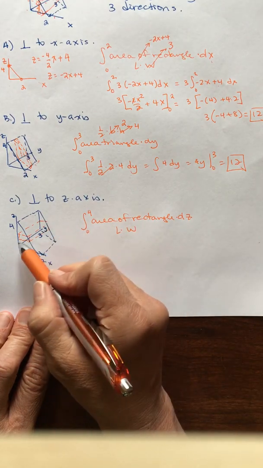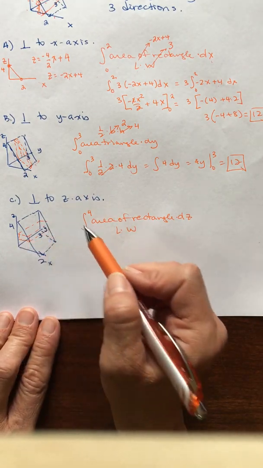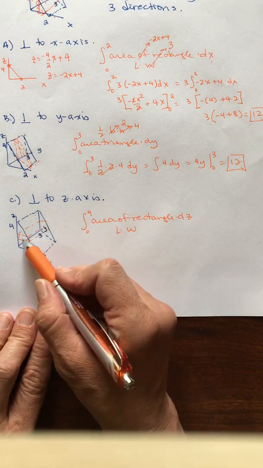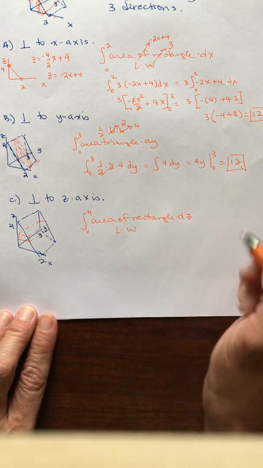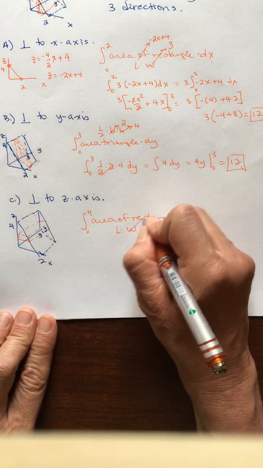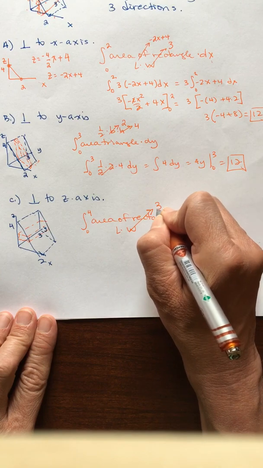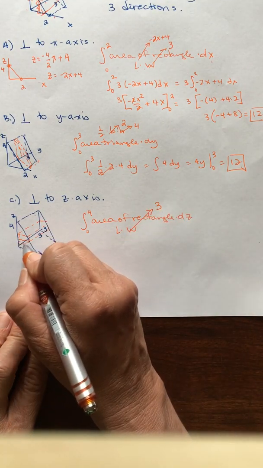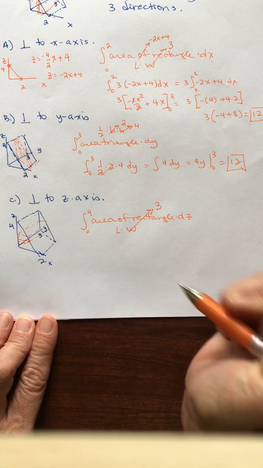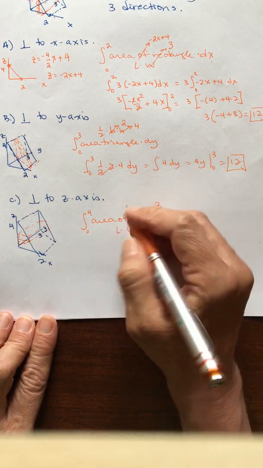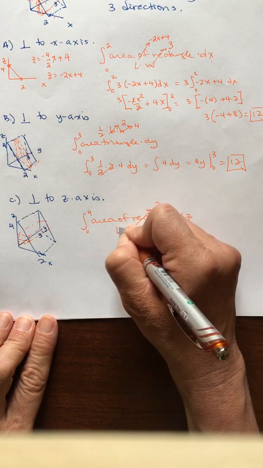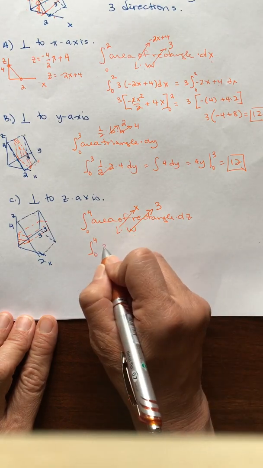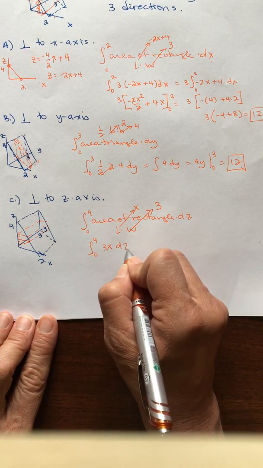So let's see, is anything constant for them? Looks like the y value stays constant, right? So we'll call that one the width, and the y value stays constant at 3. But the x part is going to change. So the length is going to be the x value. So I have 0 to 4 of 3x dz.